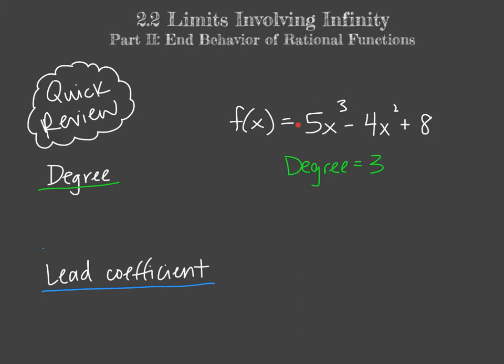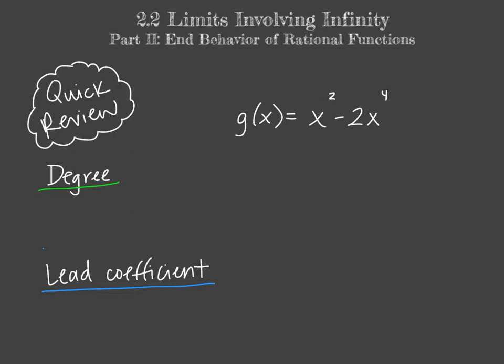So this is our leading term, not just because it's first, but because it is the term that has the largest exponent, and a lot of times if it's written in standard form, it will be written first, so the lead coefficient here would be 5. And I will abbreviate lead coefficient as LC, and it's 5.